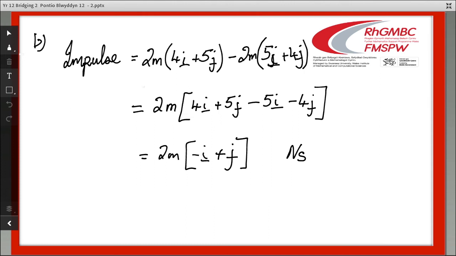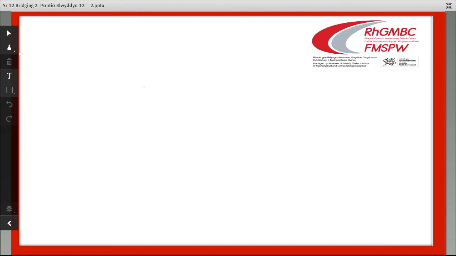Now, for part C of the question, what they're actually looking for is the loss in the kinetic energy. Now, this requires you to work out a half mv squared. Well, if you think about it, v squared in a vector sense is v dot v.